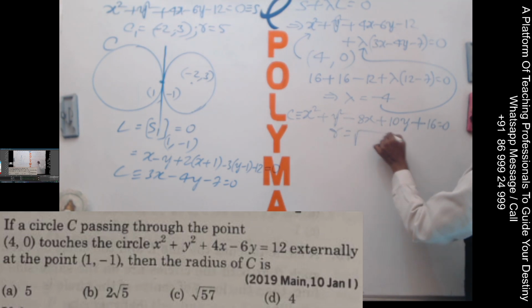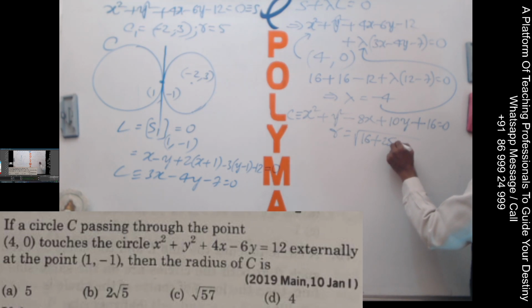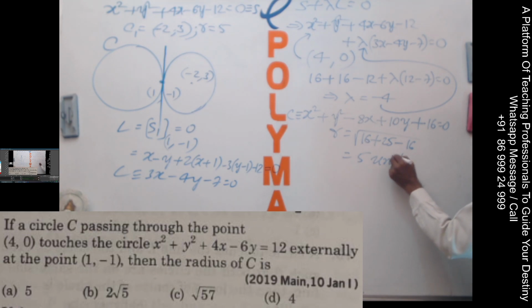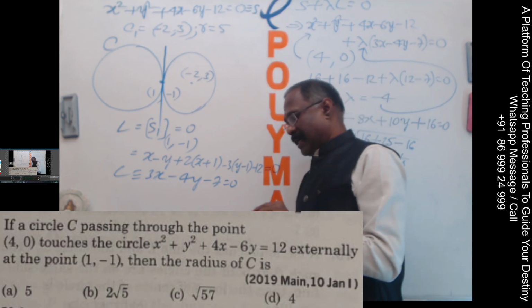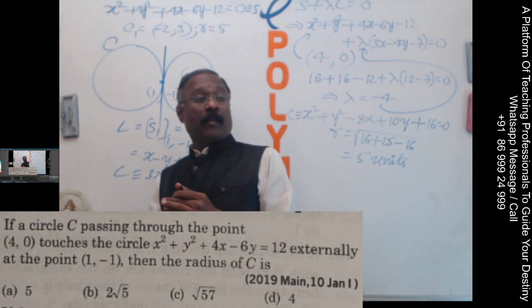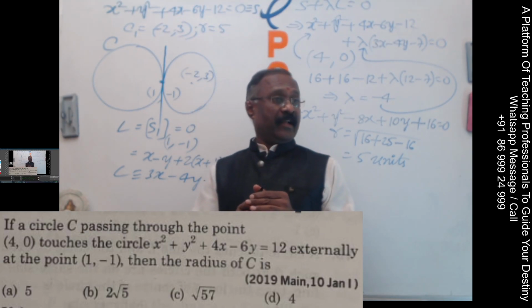Therefore, the radius is equal to root over g square plus f square minus c. The answer is 5 units. You're right, Sai Varshit, you answered it. 5 units is the radius.